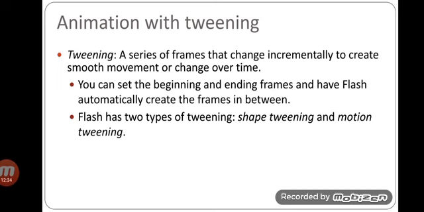So when you create a frame by frame animation, you use every slide in your timeline. You draw one scene in one frame, then you move on to the second frame to have another scene.